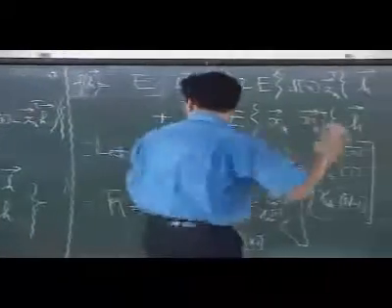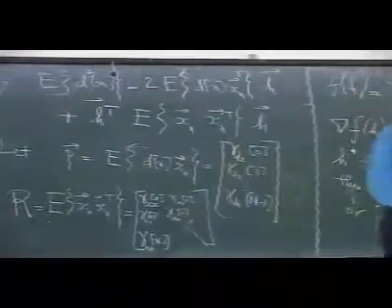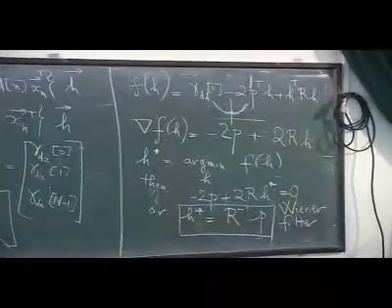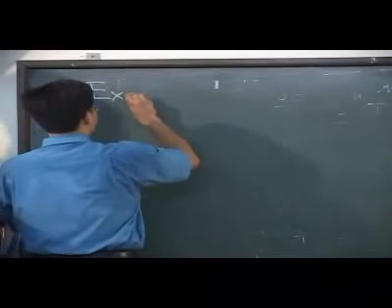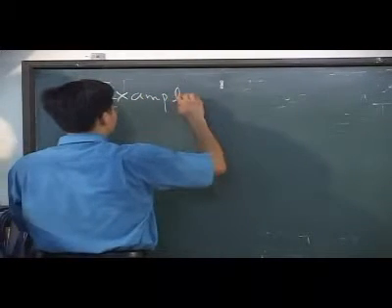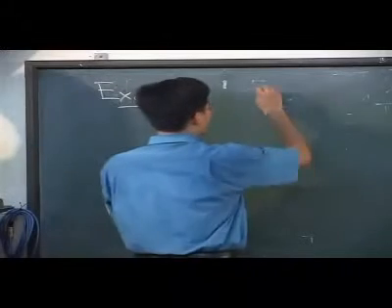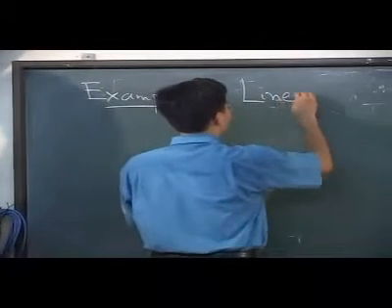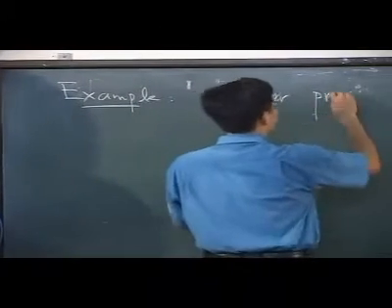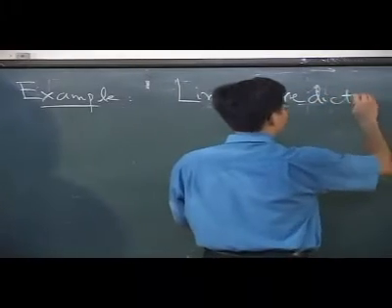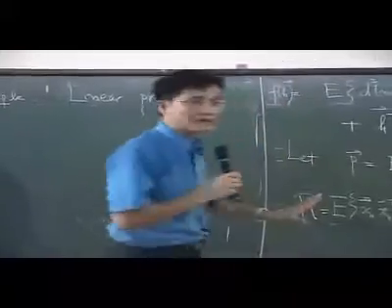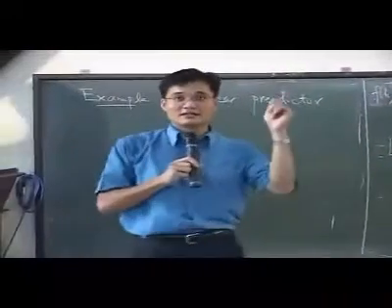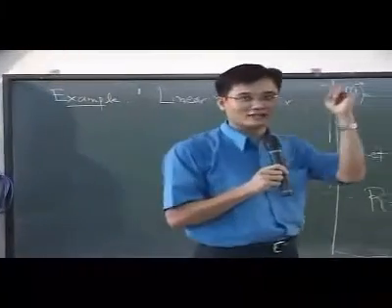So let's put the Wiener filter into practice. Example here is called the linear predictor. Alright? If you learn this well, you can use it to predict the stock market, the VN index tomorrow.